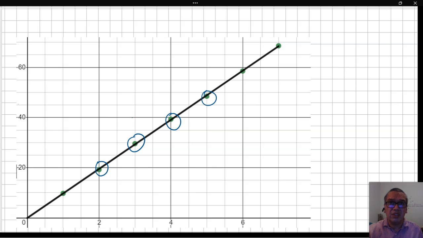So, this is the graph itself. But how do we answer the questions that they have asked? If we want to know the speed when the time has a value of 4.5 seconds, we actually have to place ourselves at 4.5, which is approximately here. We can now use the graph itself as a guideline.